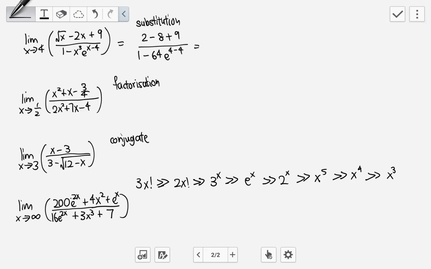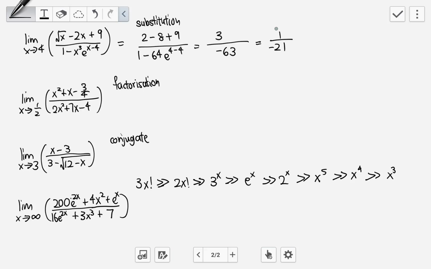So 2 minus 8 is minus 6, minus 6 plus 9 is 3. And e to the power of 0, since 4 minus 4 is 0, is 1. So 1 minus 64 is just minus 63. Minus 63 over 3, so this one is minus 21.